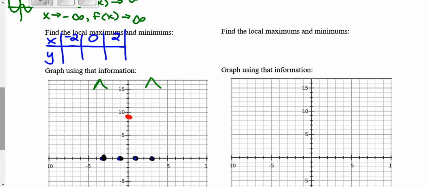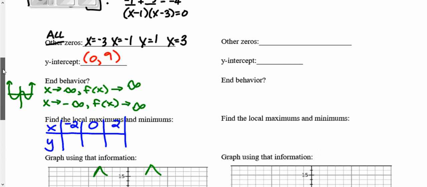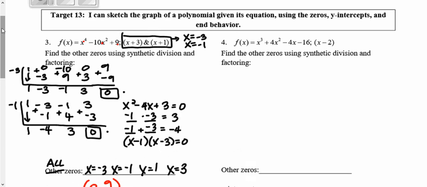Then to find the y values, you're going to go ahead and plug those into the original equation. So this is something that you're going to want to do with me, just because this can be a little tedious. You want to make sure that this is not where you get points off. So I'm going to start by plugging in the -2. So -2 to the 4th minus 10.